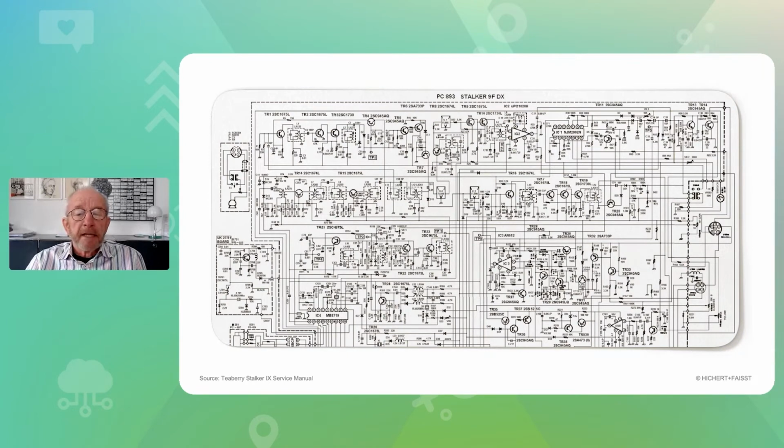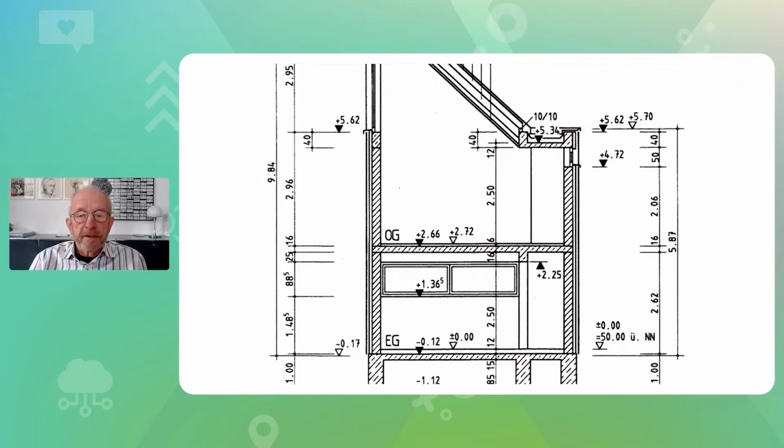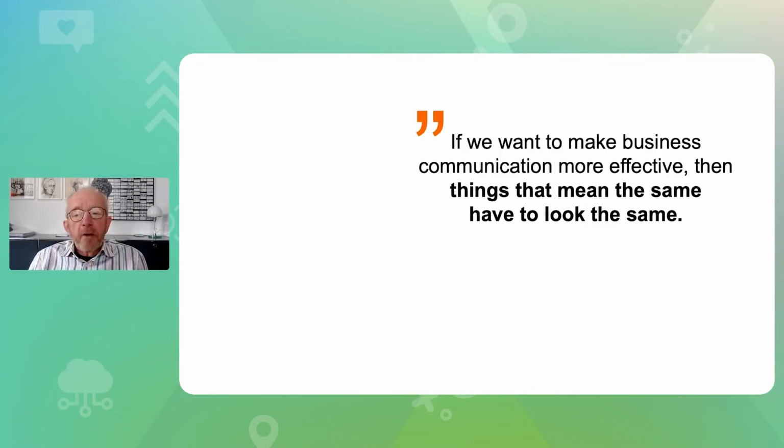Look at this. I'm an engineer. My background is engineering. This is an old electric plant, and the symbols being used here are the same all over the world. Or look, an architect and engineers, mechanical engineering, they all have the same symbols and language all over the world.